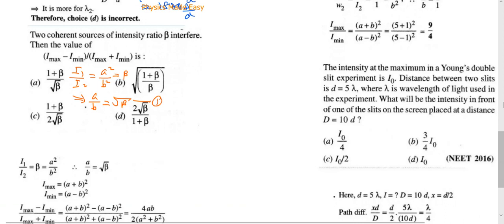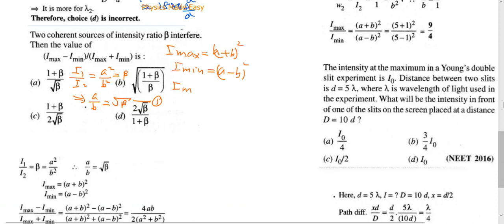Now we know that I max is (A plus B) whole square. I min is (A minus B) whole square.